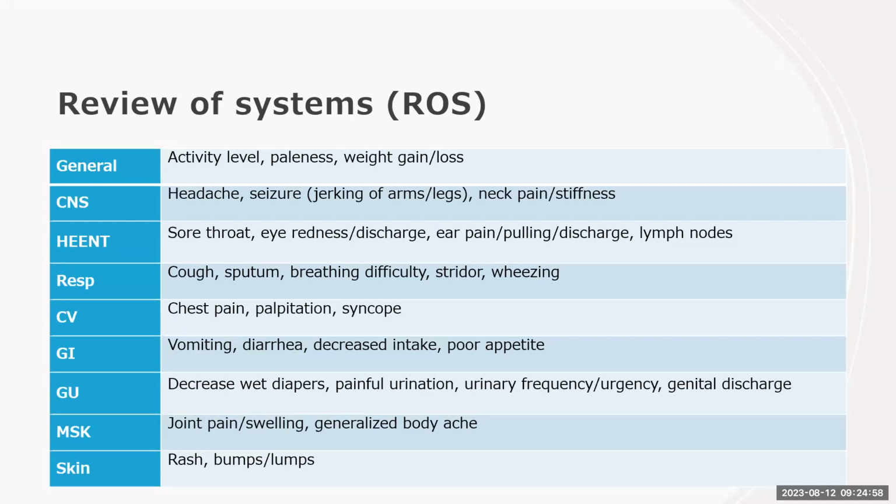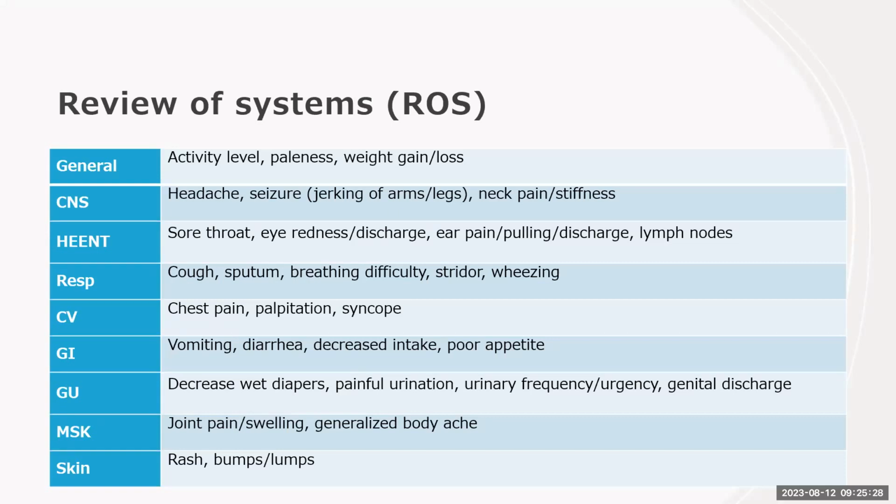For respiratory, we'll ask about cough, any sputum coming out and its characteristics, any breathing difficulty they are noticing, any stridor, any wheezing. For the cardiac, we'll talk about chest pain, palpitations, syncope. Those are a little harder for younger patients, but for the school-age group it might be good to ask those questions.